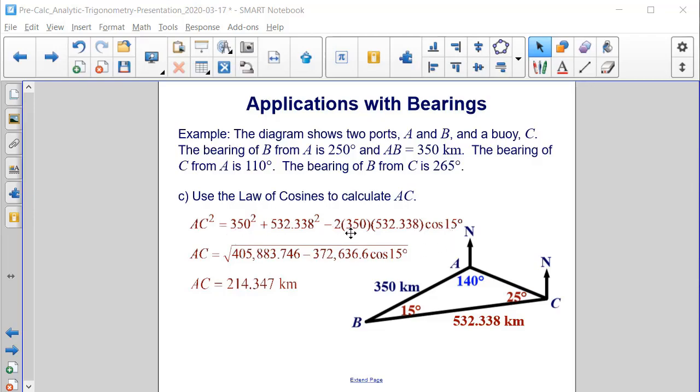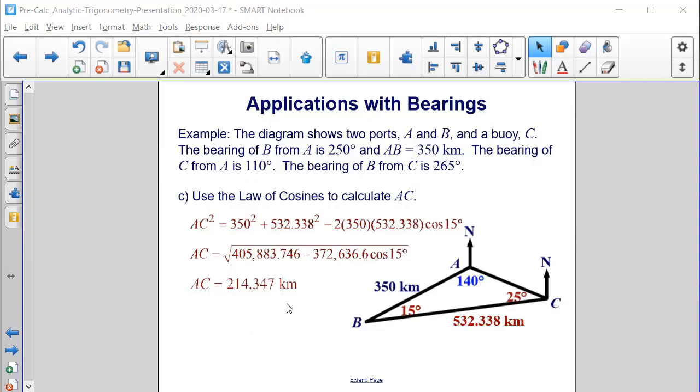If we evaluate these, we end up getting 405,883.746 minus 372,636.6 times the cosine of 15. And if we square root that expression, we will get the length of AC.